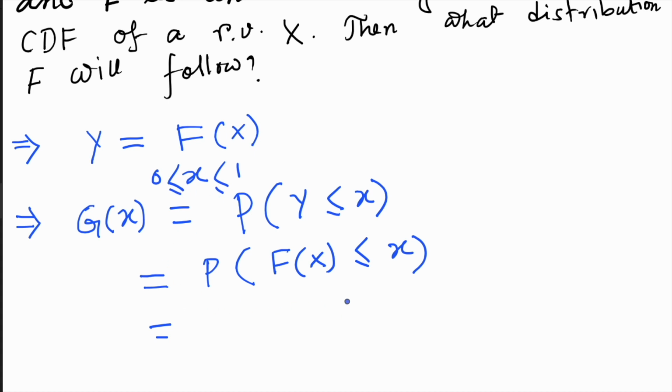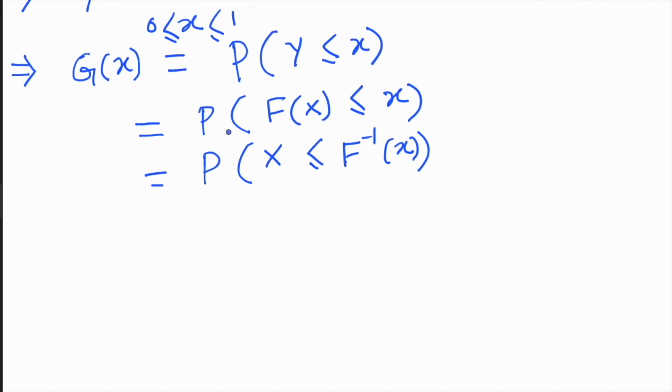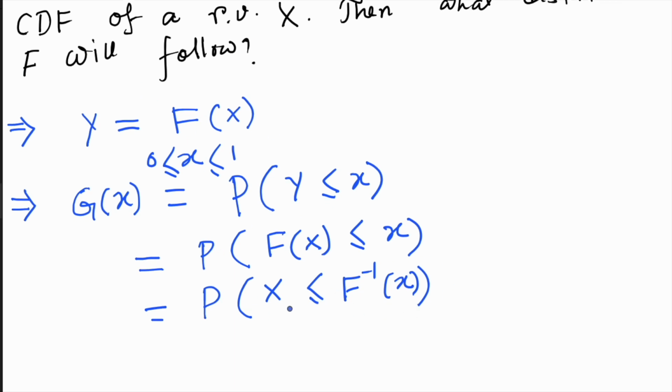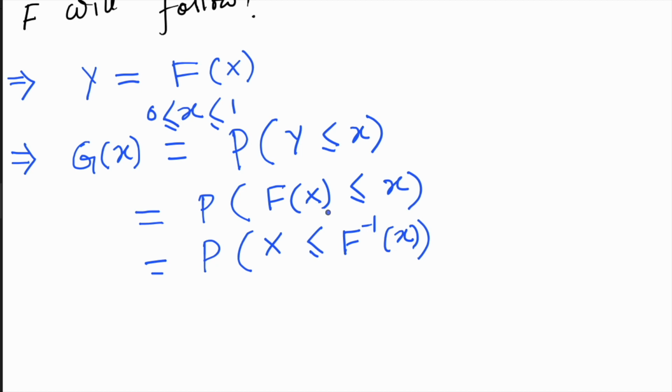So F(X) less than x means the probability that X is less than F inverse of small x. Now what does this mean? This is actually the CDF of X, which is nothing but F of F inverse x.